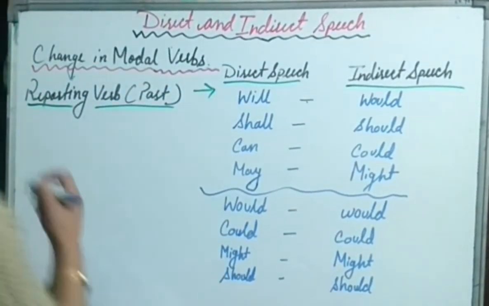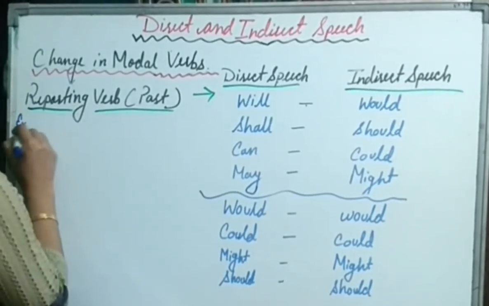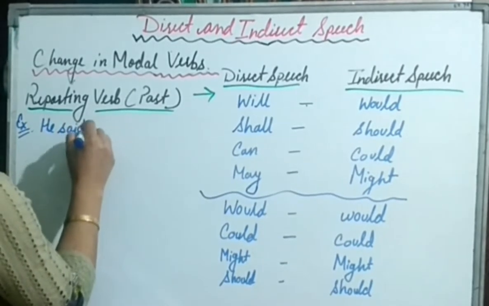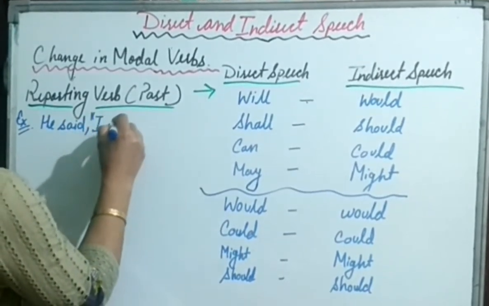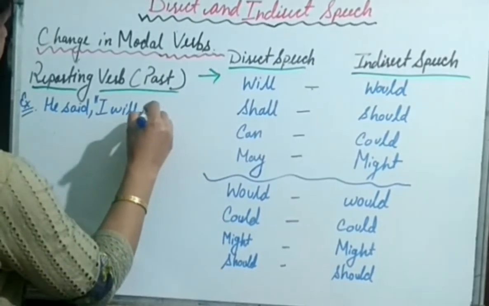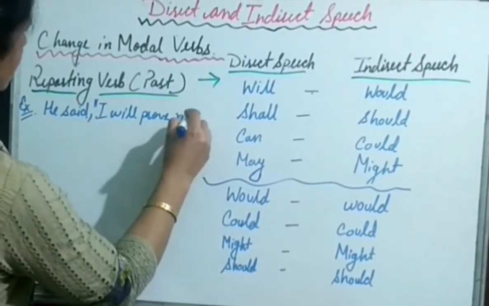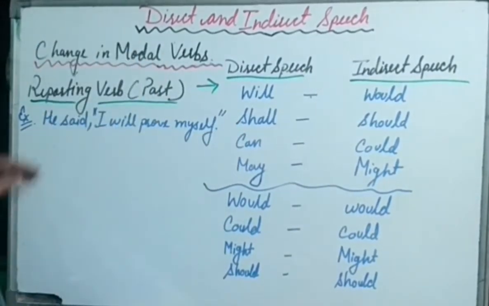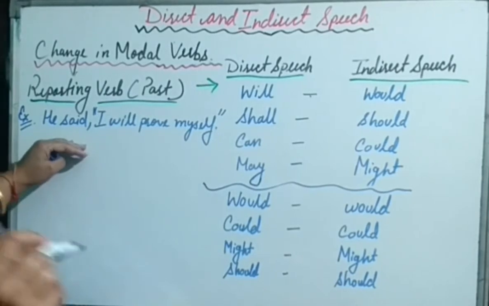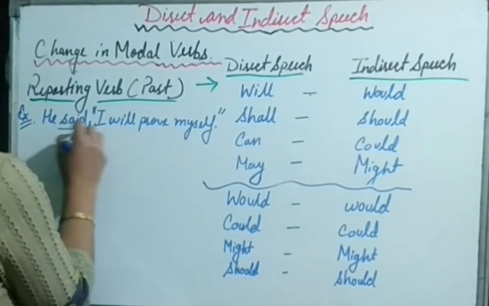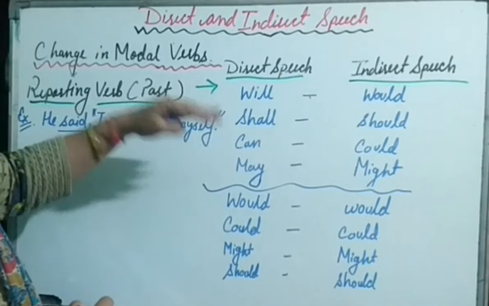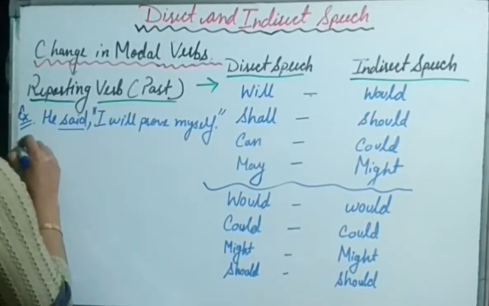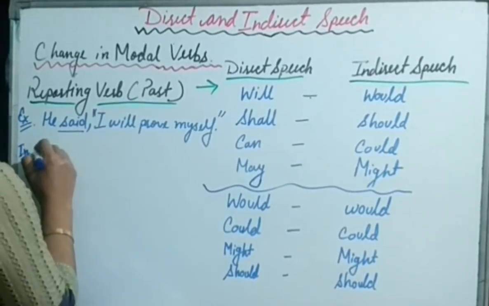Now let us understand with the help of an example. He said, "I will prove myself." Again, the reporting verb is in past tense. Now this modal is used here, "will". Now let us see the indirect of this.